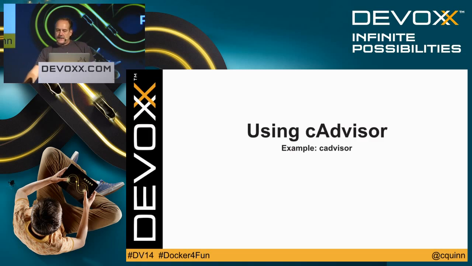There's a couple other little handy things you can play around with. There's a little tool called cAdvisor from the Google guys. I think it was from the team that had a project called Let Me Contain That For You, which they were working on a year ago, that time frame. It was a way to manage containers, and some of the tools they came up with are very useful.